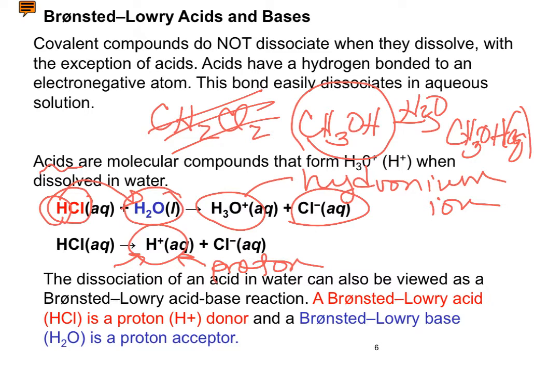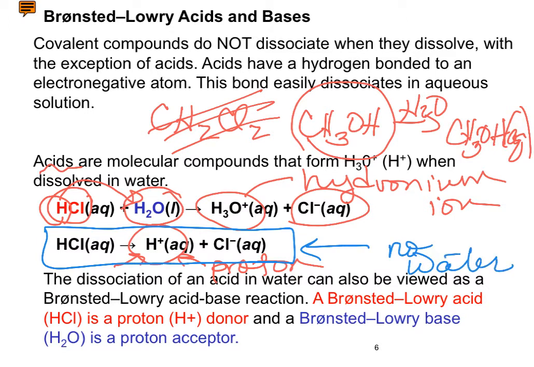Now, you will see the representation of an acid dissolving or dissociating in water two different ways. You'll see it not showing the water at all, right? That doesn't mean there's no water there. It means that it's just easier and quicker.